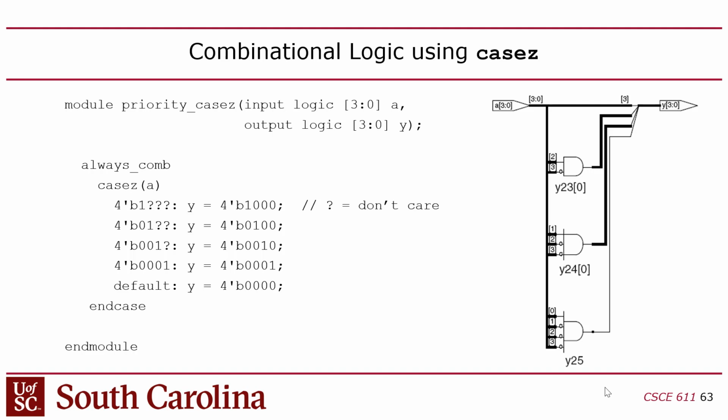I can't use the case statement unless I'm in an always block. I can't use that in an assign. Assign is just a ternary. That's the best I can do. So if you want to use a case statement, you've got to use an always block, which is fine, except notice I use the single equals because it's combinational logic. No memory, no clock. It's not clocked. All right, so that's all you have to remember.